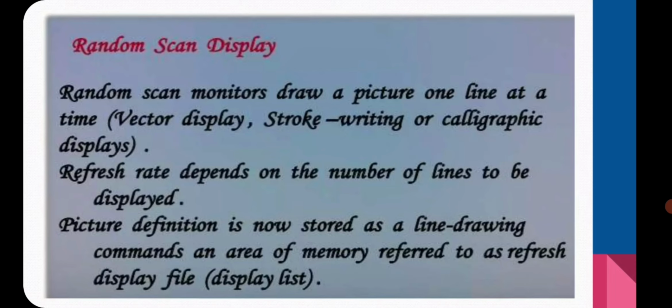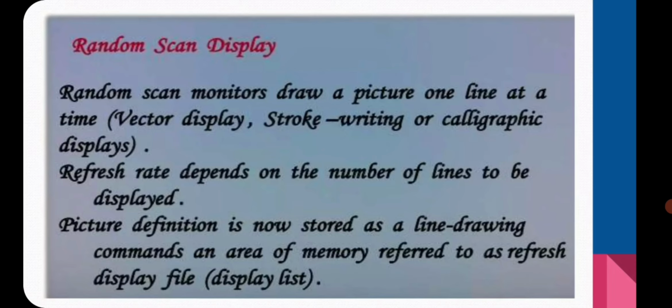Refresh rate depends on the number of lines to be displayed. For example, to complete a picture, how many lines are there? Based upon that, the refresh rate varies. The picture definition is stored as line drawing commands in an area of memory referred to as the refresh display file. Everything is done line by line.